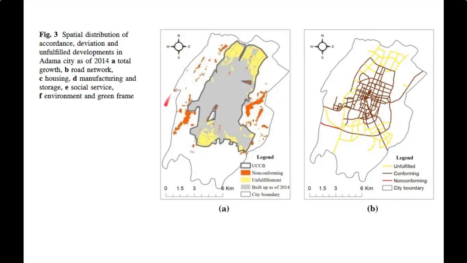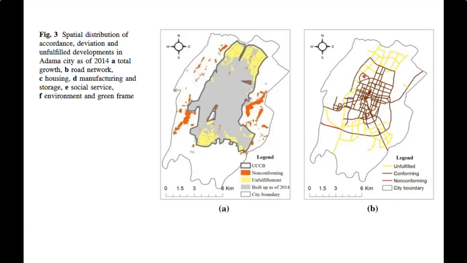Not only polygons, we can also use the same overlay technique for polylines. For example, this one is how the authors measure and assess the conformance of road infrastructures.